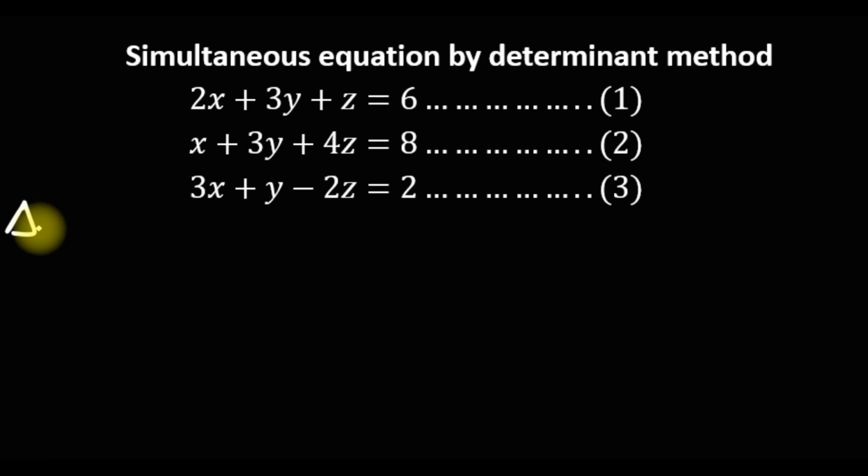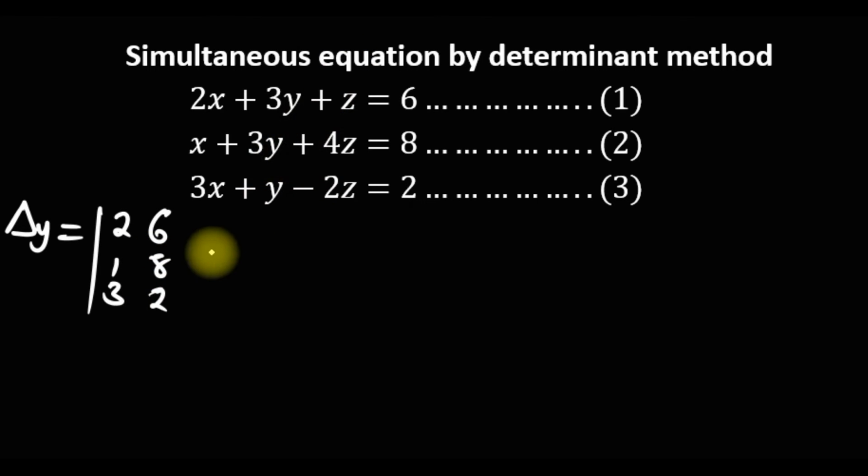Let's find the one for y. So these are the same, 2, 1, 3. We replace the coefficients of y with 6, 8, 2, and this is the same, 1, 4, minus 2. We'll solve using the first row.